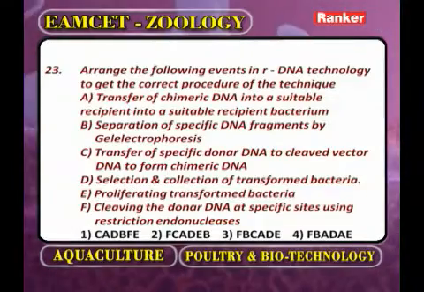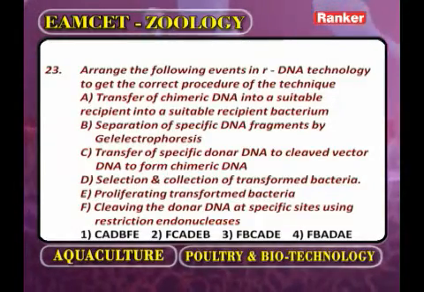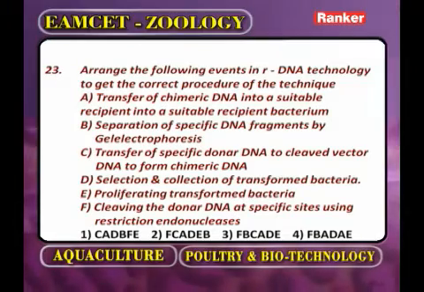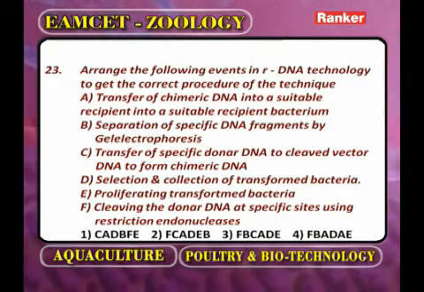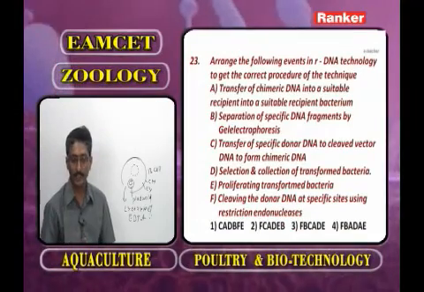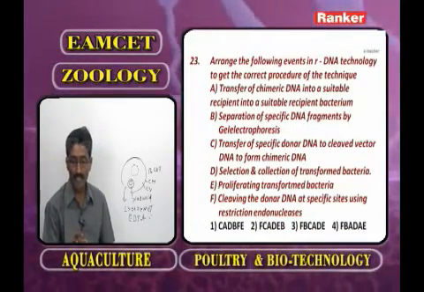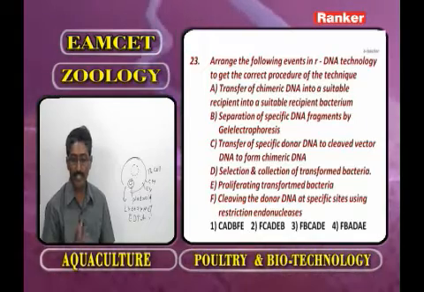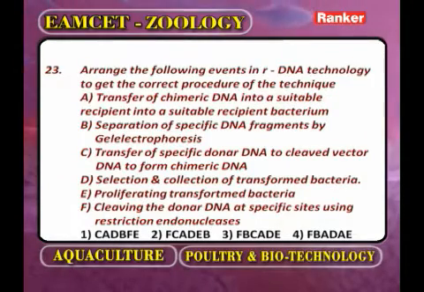Now arrange the following events. Arrange the following events in recombinant DNA technology to get the correct procedure of the technique: A, B, C, D, E, F. Now what is the first one?